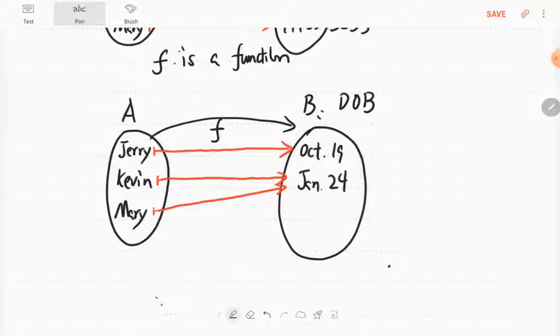So it maps one element in A, and the image is the corresponding value in B. There is only one corresponding value in B. This one corresponds to Jerry, this one corresponds to Kevin, this one corresponds to Mary.